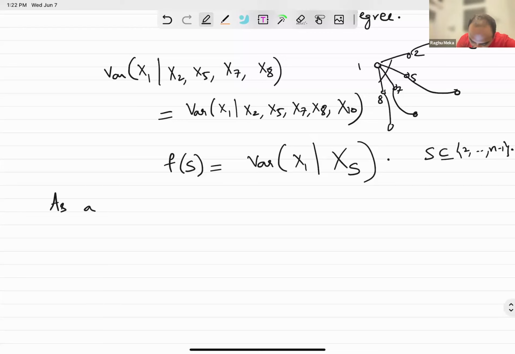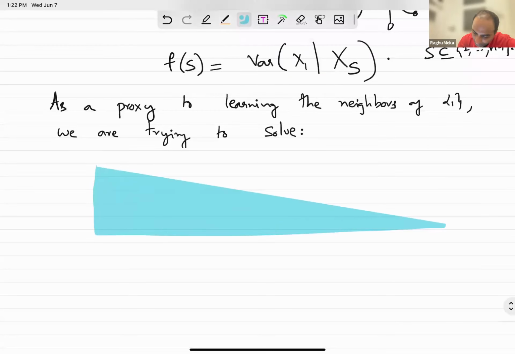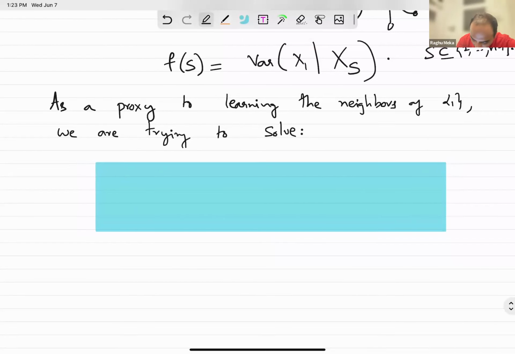So as a proxy to learning the neighbors of 1, we are trying to solve the minimization of F of S subject to the size of S being at most t. t is some bound.